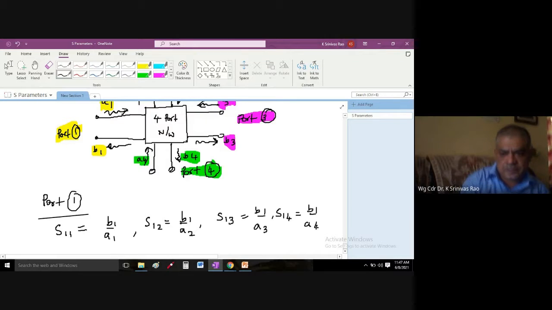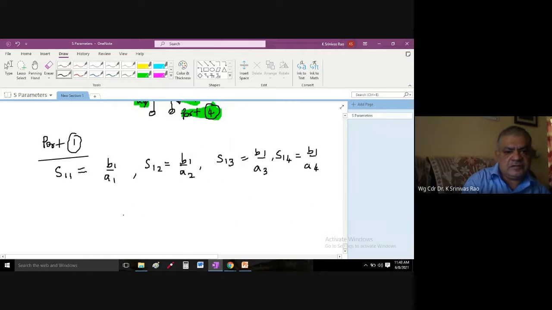With this, one equation I can write is the total reflection happening at port 1.